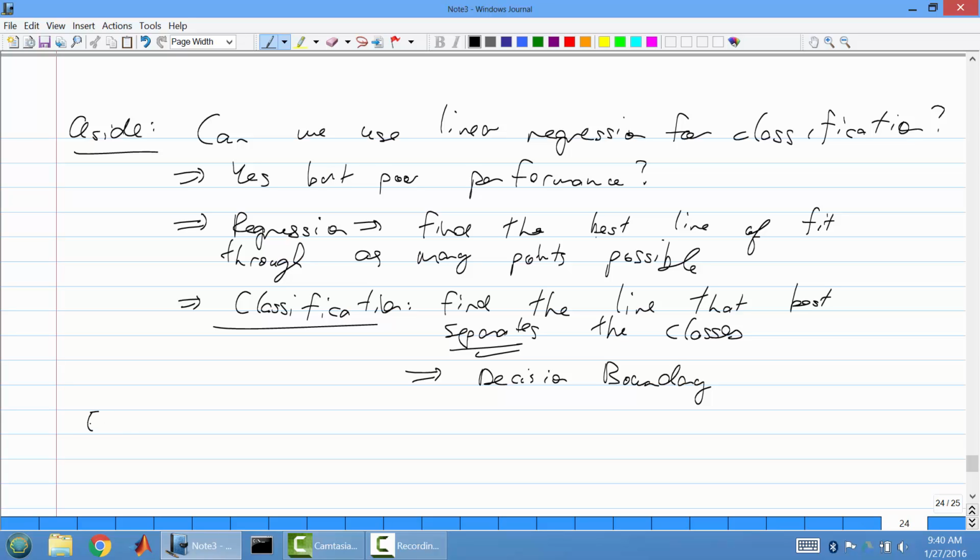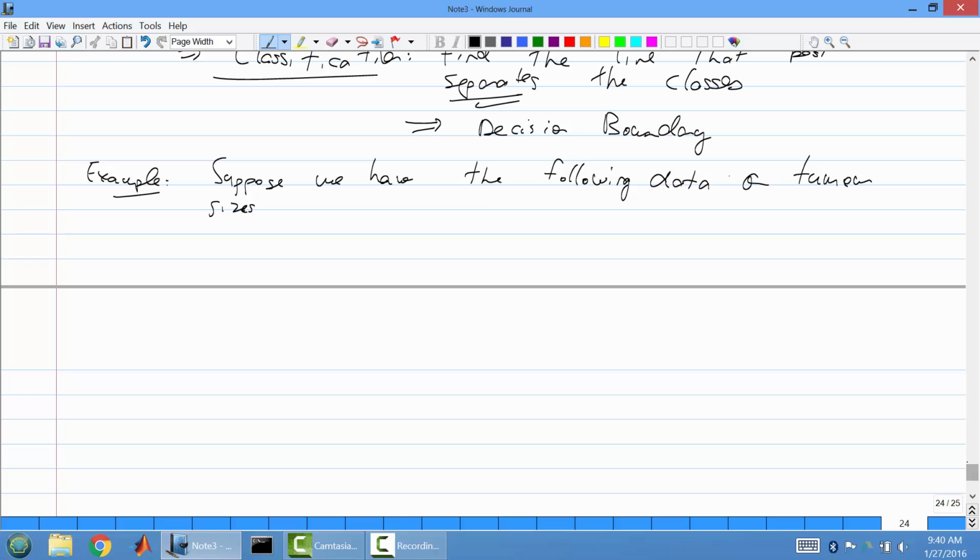Okay, so for example, suppose we have the following data on tumor sizes, and whether or not it's benign or malignant. So let's say we have this, and we find the prediction model.